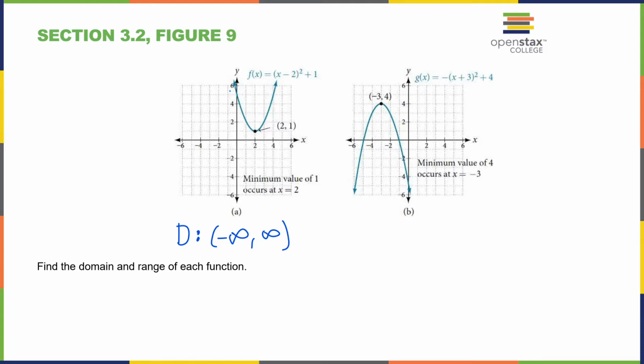In this case, we have a lowest point. The absolute lowest point on the graph is 1. So our range starts with 1 and it's included, so we have a bracket. Then we continue upwards forever. That means our highest point is infinity. So our range for this first graph is 1 to infinity. Take a moment and see if you can find the domain and range of our second graph.